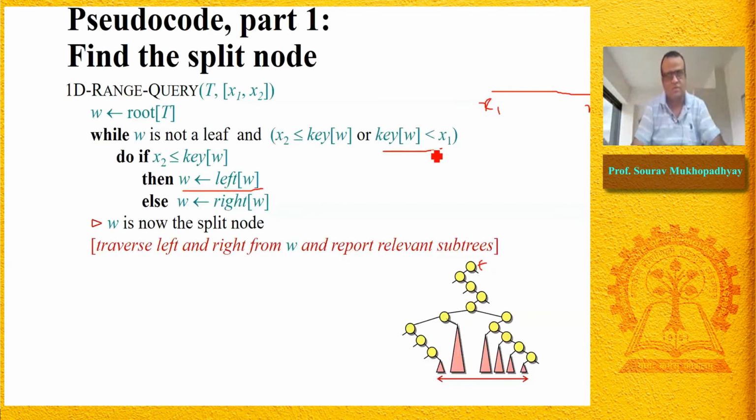So this way we continue until this condition is violated. Once this condition is violated, or if it is a leaf node, then we stop. So either it is a leaf node or it is a split node. So this node is a split node. Once we reach a split node, then we have to do the left and right traversal. We will just show the left traversal, and the right traversal will be similar.